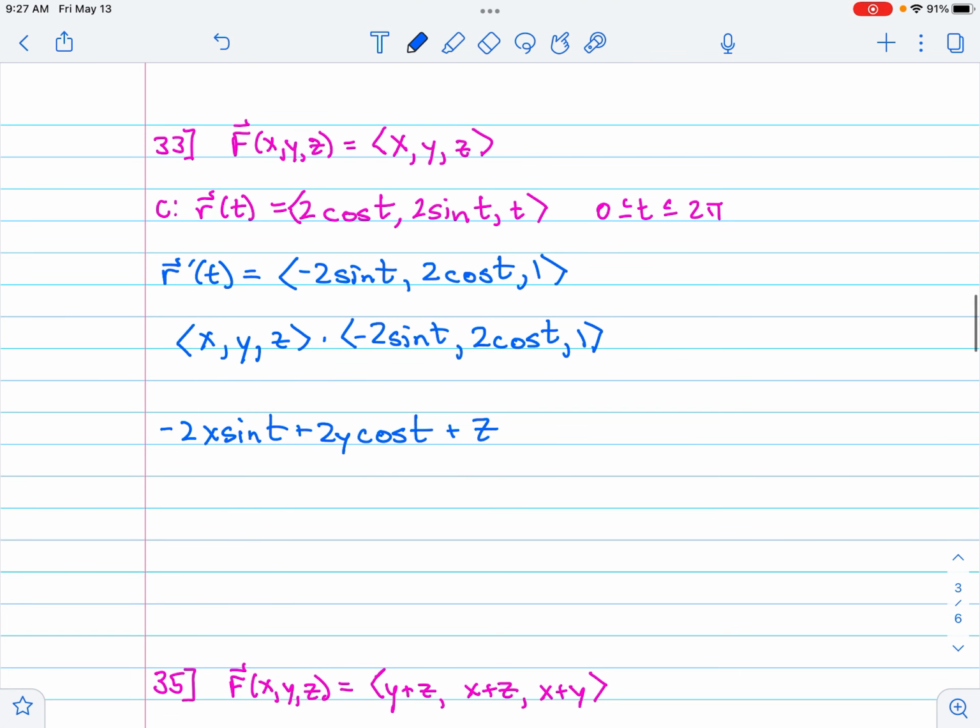Actually, we've got some extra things in here. Notice the x is negative 2. So here's what I'm going to have: negative 2 times 2 cosine t times sine t.